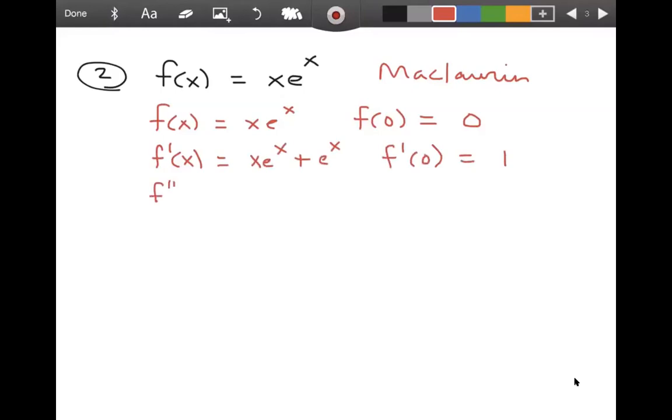Second derivative is going to be another x e to the x plus e to the x, but then the derivative of e to the x is another e to the x, so that's 2e to the x. And when you evaluate that thing at 0, you get 2. All right, well, that's a nice simple pattern. Hopefully it holds up. Let's try one more derivative.